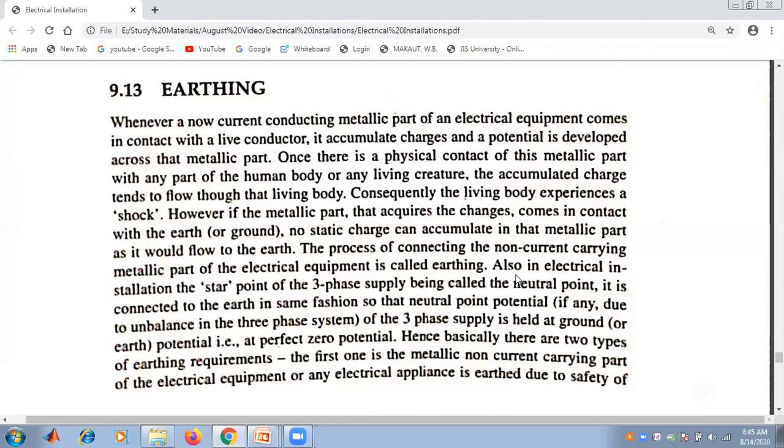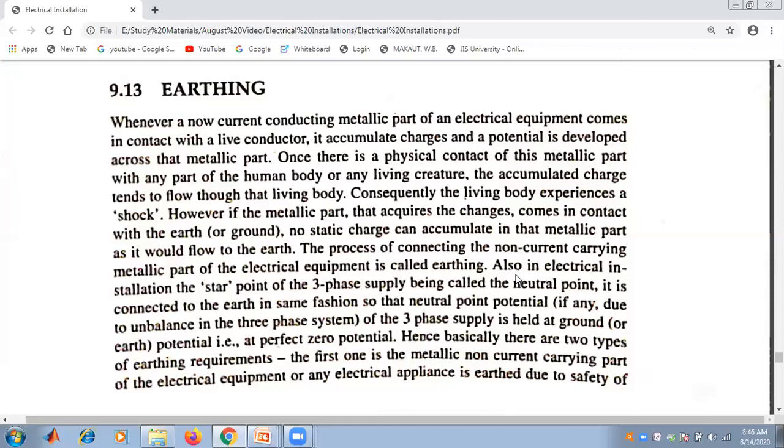Means if earthing is there, it will give a route for the charge accumulated in the metallic part to flow through the ground, or through the earth. This is the general conception working behind the formation of earthing.